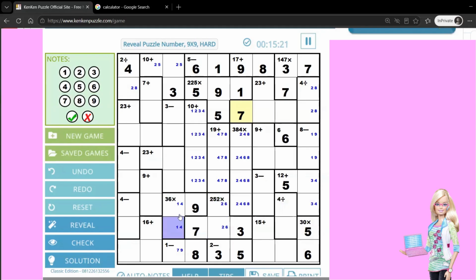While I can't definitively rule this out from being 1 and 4, I feel like it's more likely going to be 8 and 2 because if it's 1 and 4, that means the placement of this 1 and 4 won't matter. So I feel like that's most likely an 8 and 2, but I can't do anything for sure.